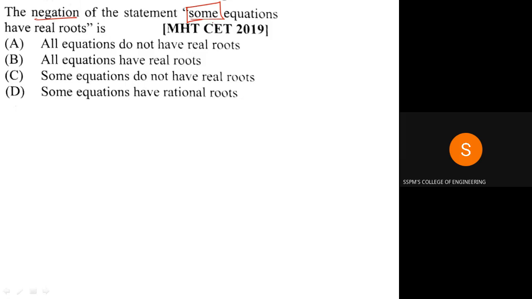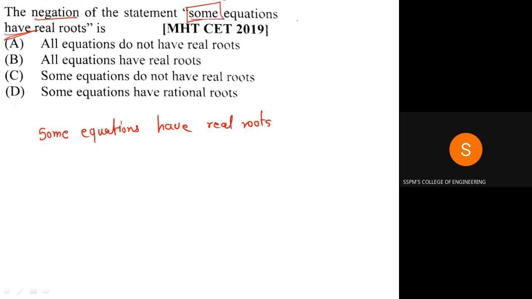Some equations have real roots. "Have" is the important one. We will write it here again. Some equations have real roots.